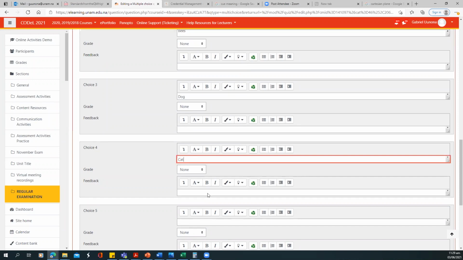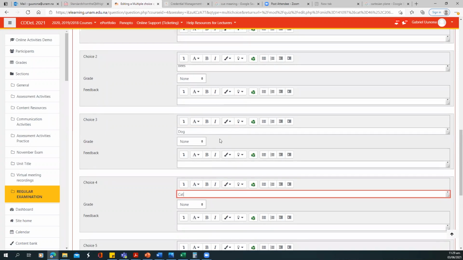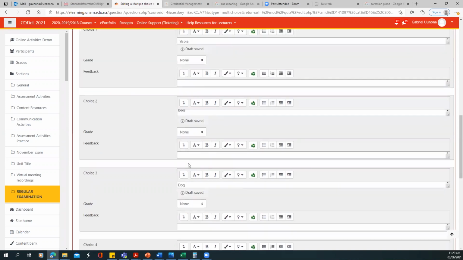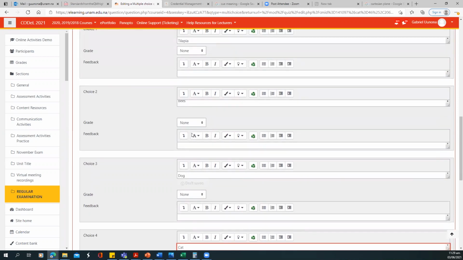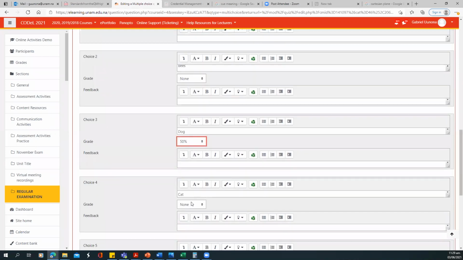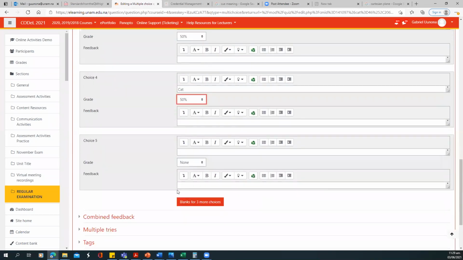Okay, let's be very simple. I still want to have only 2 up to 4 choices. I know tilapia is wrong, so I maintain none. A bee is also not a mammal, so it's none. But a dog is a mammal. I give it 50% because another 50% will go to cat. If I want to add more choices, I can click add more lines, and then I can add more choices if it's necessary.